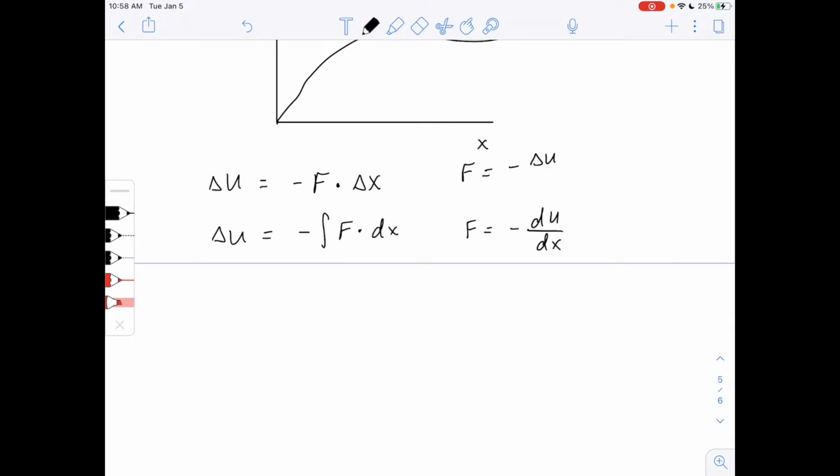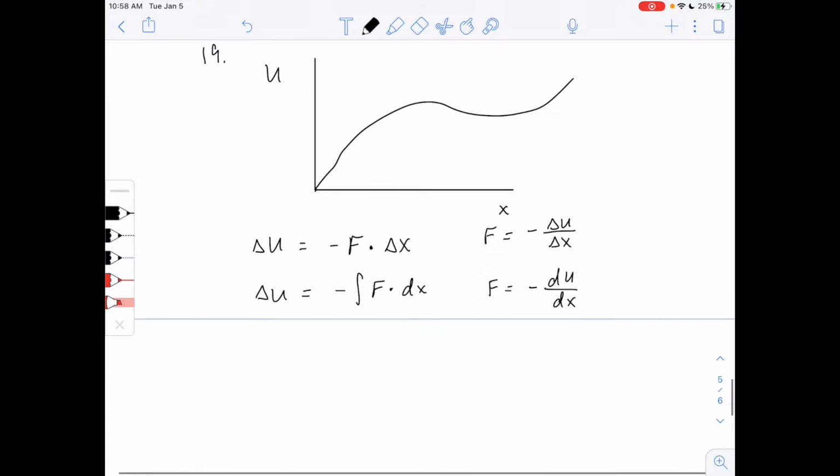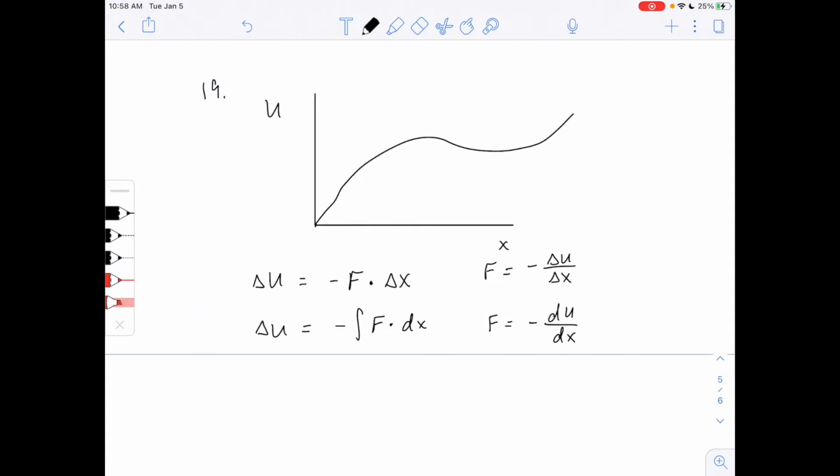And if you're in honors physics, you could say force is the negative change of potential divided by delta x. So if we're given a potential energy function with x as the independent variable, and we want to know what the force is at some given x value, then what we can do is take the negative of the slope, right?